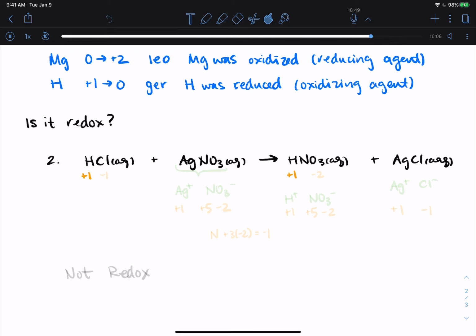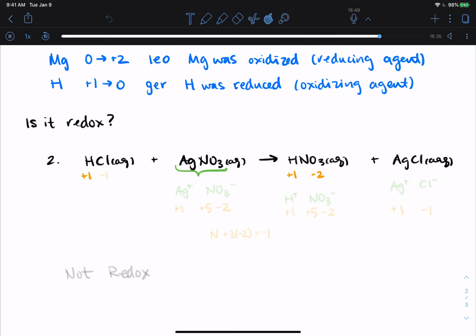After that, oxygen is the next thing. So -2 on my HNO3. This is kind of odd, right? I don't have rules for silver, but also my nitrogen falls pretty low in my priority.